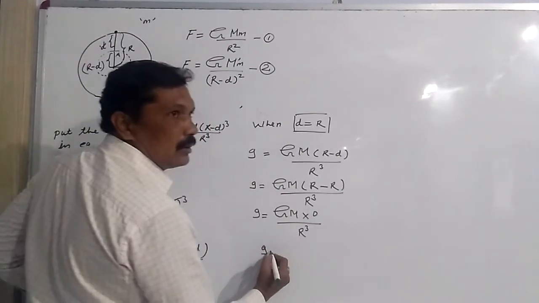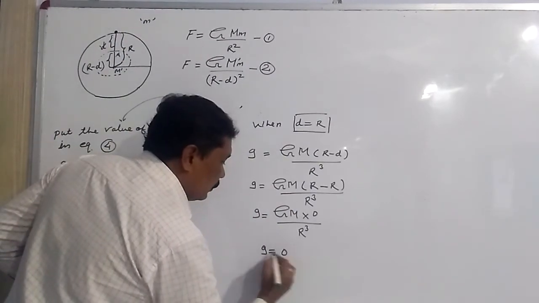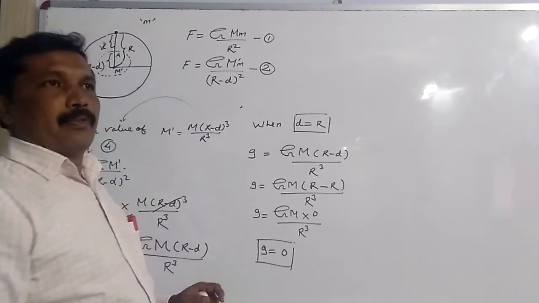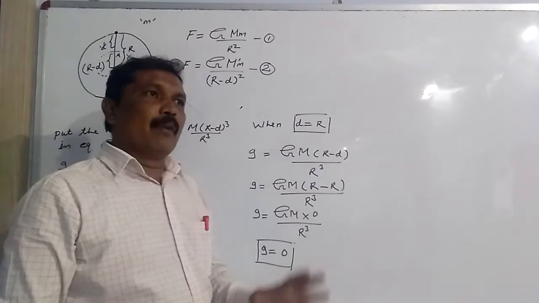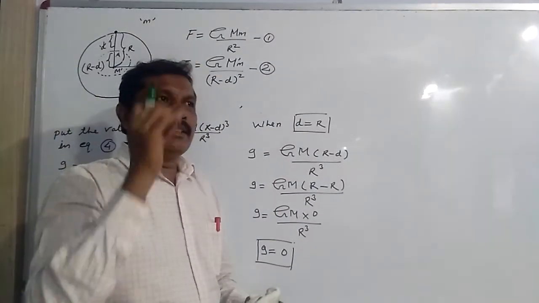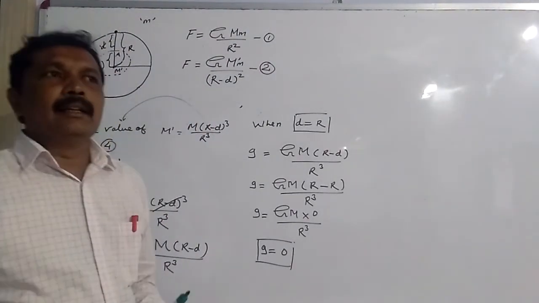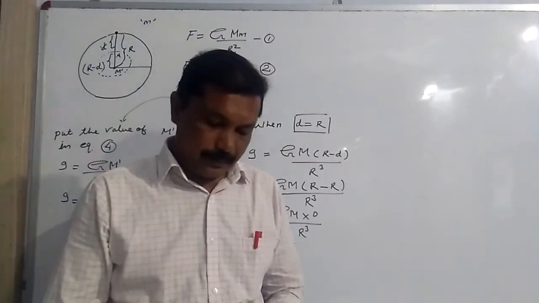So g is equal to 0, hence proved. Mathematically we have proved that acceleration due to gravity is 0 at the center of the Earth.